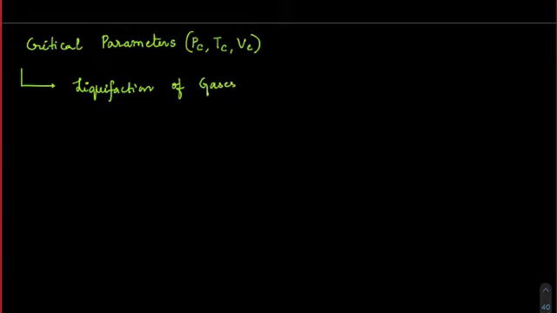In short, critical parameters are given by PC, TC and VC: pressure, temperature as well as volume of real gases at certain values. To learn critical parameters, we have to go through an understanding of liquefaction of gases. So how do we liquefy the gases is our next concept.